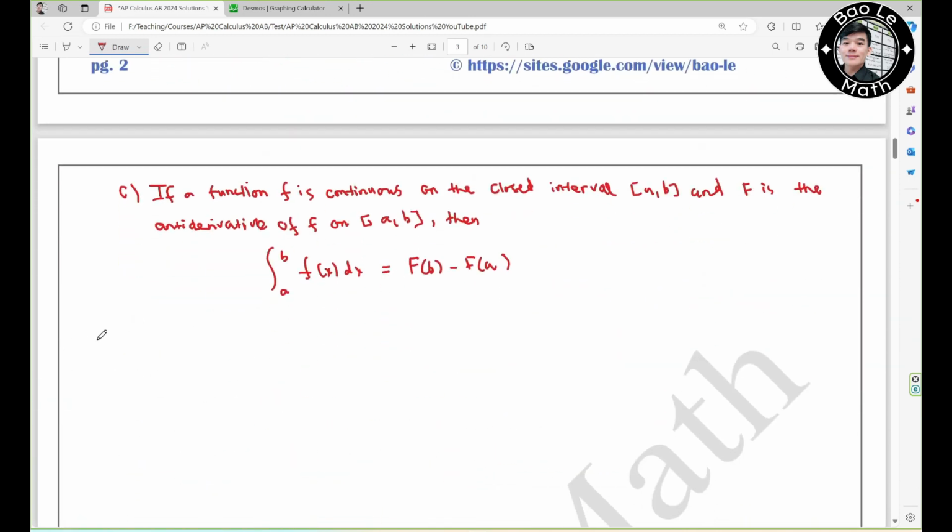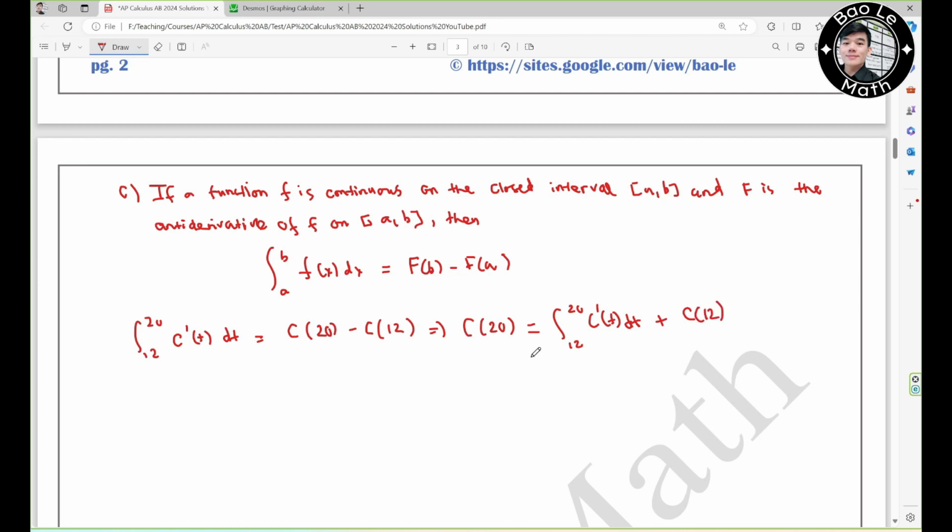So we have the integral of C prime of t dt equals C of 20 minus C of 12. So we have C of 20 equals the integral from 12 to 20 of C prime of t dt plus C of 12. Now we just substitute values, right?